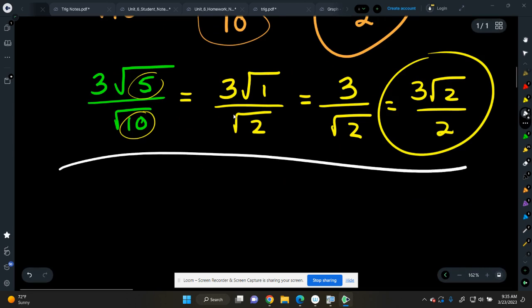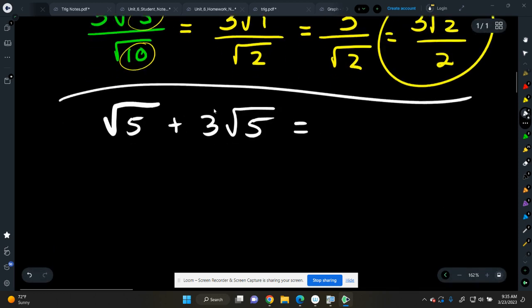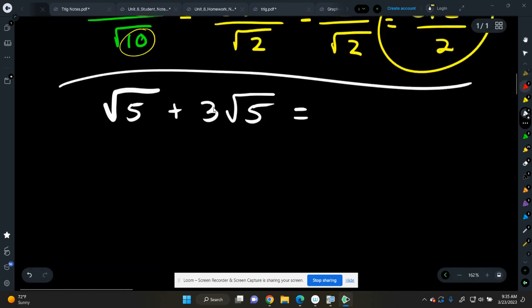Today, let's look at adding and subtracting. If I have the square root of 5 plus 3 square root of 5, what does that equal? How many square root of 5s do I have? What does 3 square root of 5 mean? That means I have 3 of these. That's what multiplication means.